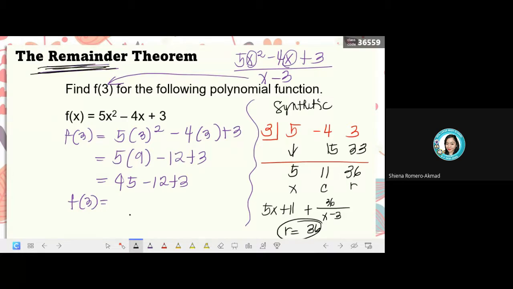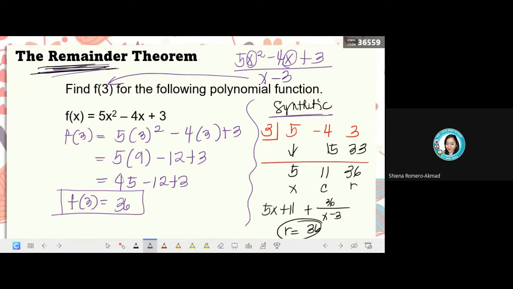We just substitute: 45 minus 12 plus 3 is 36. As you can see, we have here f of 3 is 36 and the remainder is 36. They are the same, so you can get the remainder both by using synthetic division and the remainder theorem.